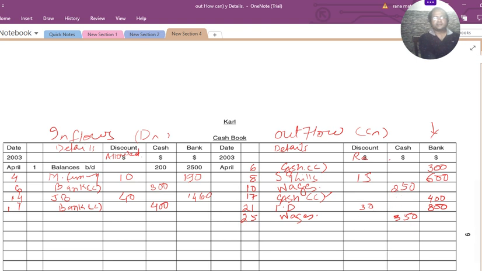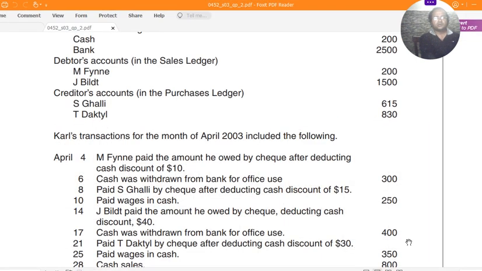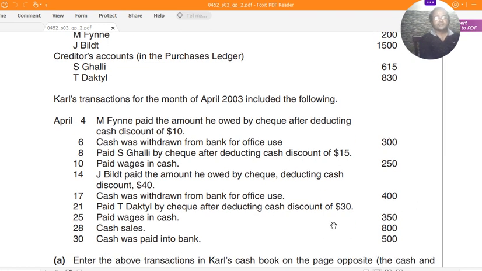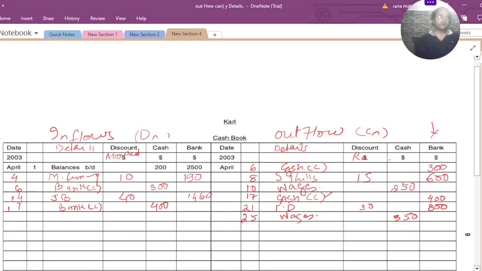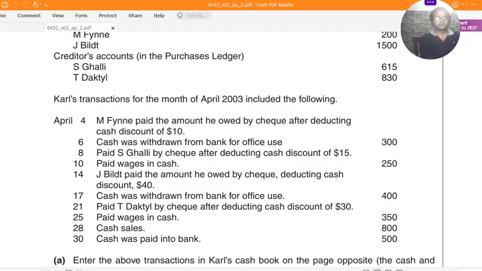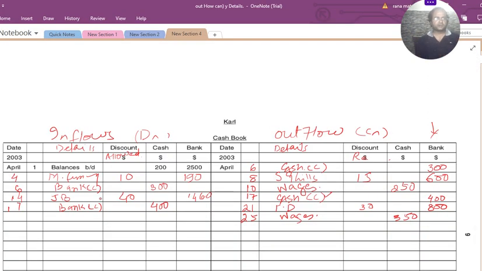The next transaction is a cash sale. A cash sale means that the company sells goods and gets the money. So you write down on the date of 28, due to sale, cash increases, and the amount is 800.